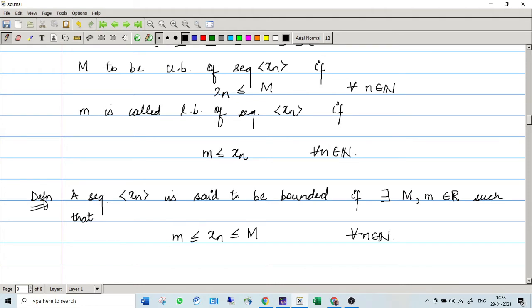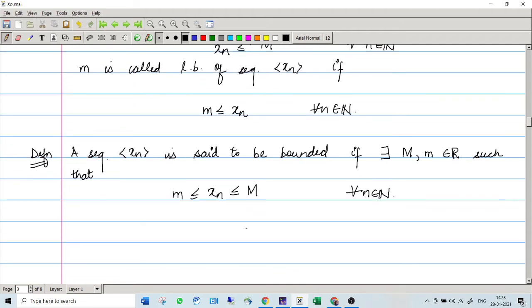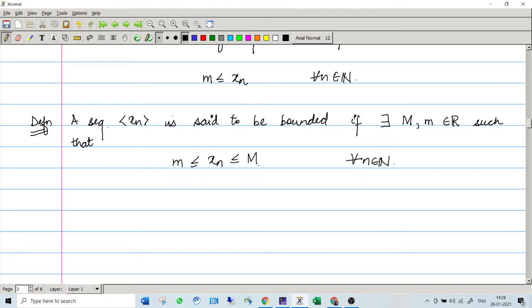If you cannot find any such finite number, such that xn is less than or equal to that number or greater than or equal to the other number, then the sequence xn is said to be unbounded.